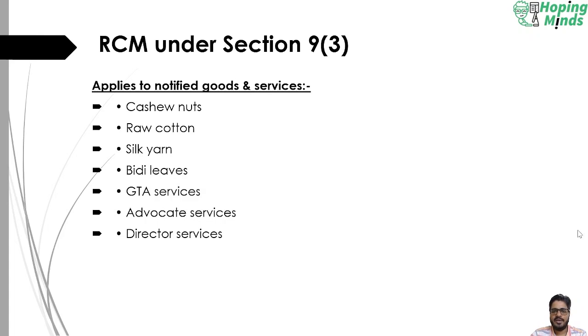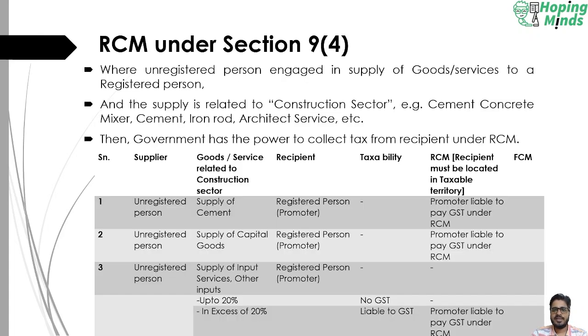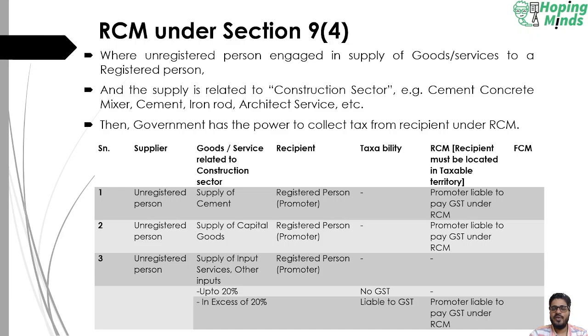Okay, so moving ahead. RCM under section 9 subsection 4. When GST was introduced, there was a concept of tax payment under the reverse charge mechanism on expenditures in excess of rupees 5,000. So a taxpayer who incurred any expenditure in excess of 5,000 towards any goods or services was required to discharge the tax liabilities under the reverse charge mechanism.